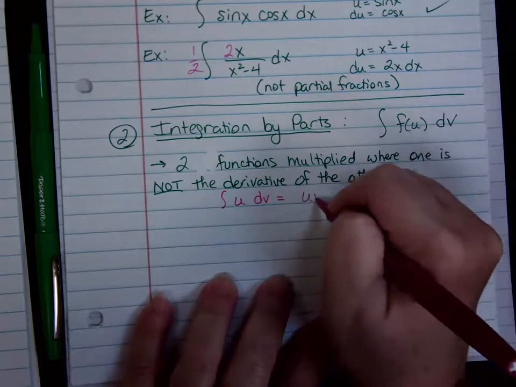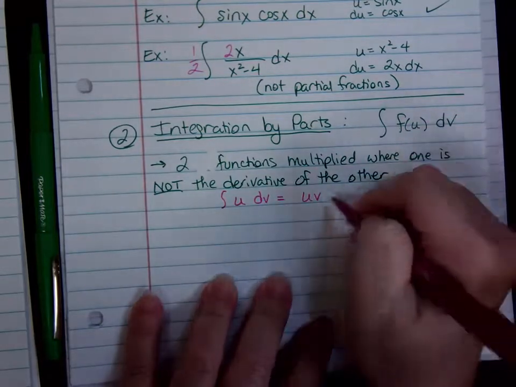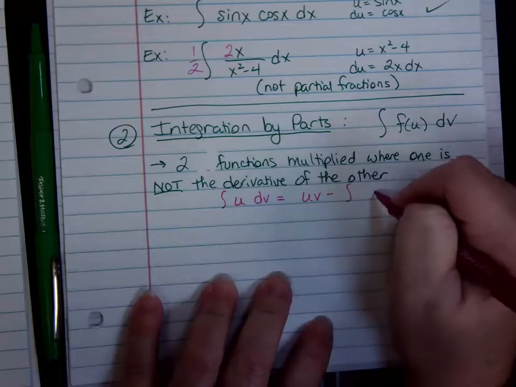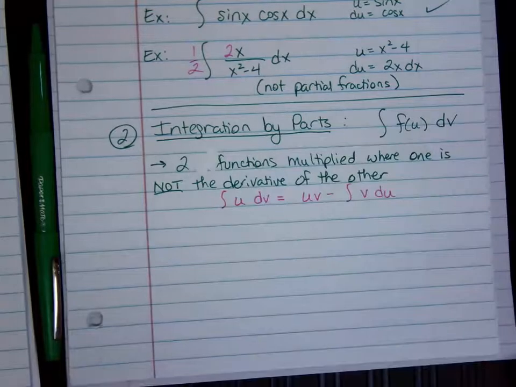Integral. Careful, what sign comes next? Minus the integral. What is voodoo? V du. Voodoo. Ultraviolet voodoo. Okay? That's the formula you need to have memorized for this process.